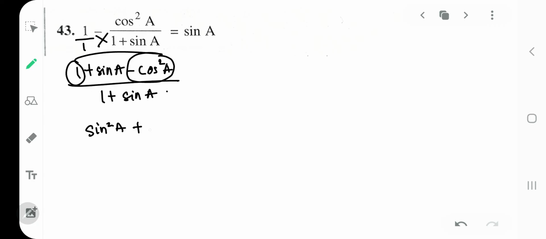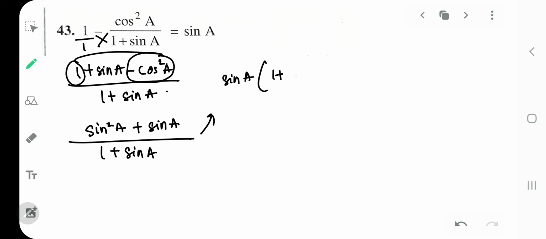And plus this sin A remaining in the numerator upon 1 plus sin A. You can take sin A common from your numerator. Inside will be 1 plus sin A. And down you have already 1 plus sin A. You can eliminate this and your answer is sin A.